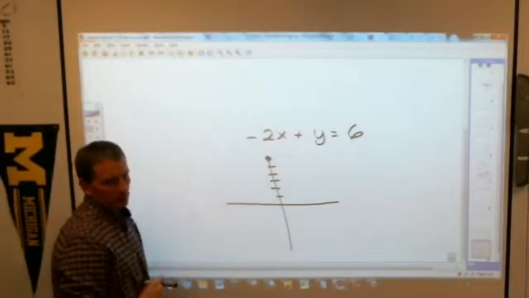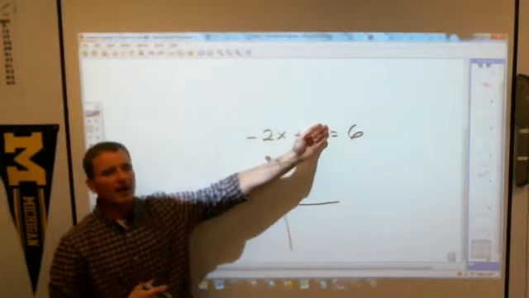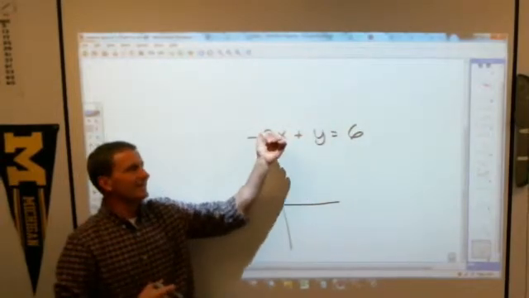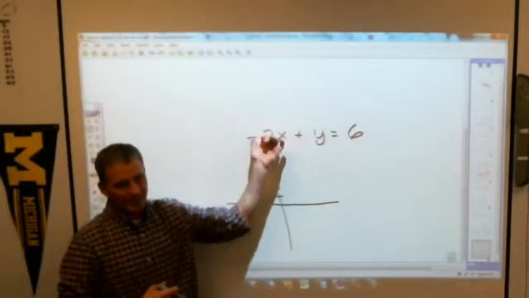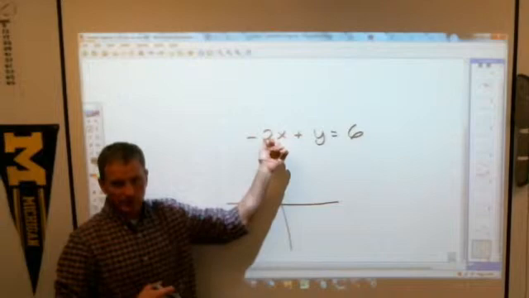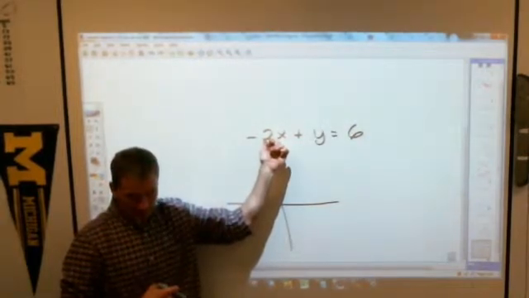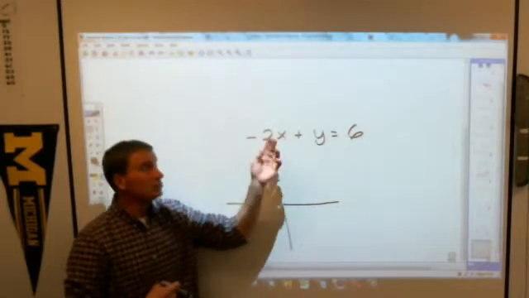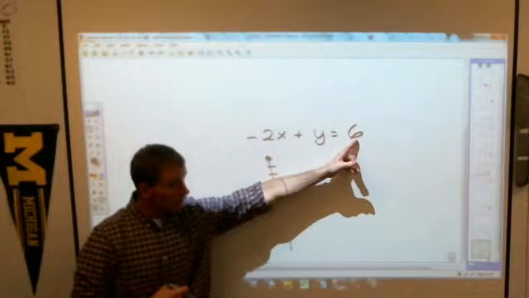But here is something that's going to cause you great trouble. If I cover up the y, what do I have? Negative 2x equals 6. If I take 6 and divide it by a negative 2, my answer is going to be negative 3. Why? Because negative 2 times negative 3 gives me a positive 6, which is what I have over there.